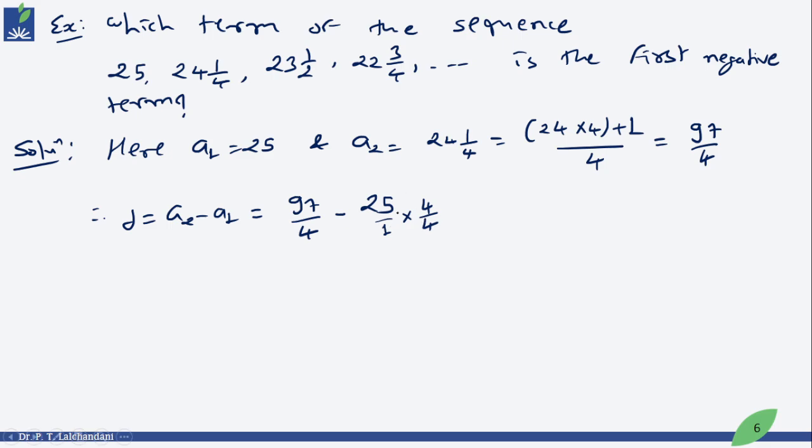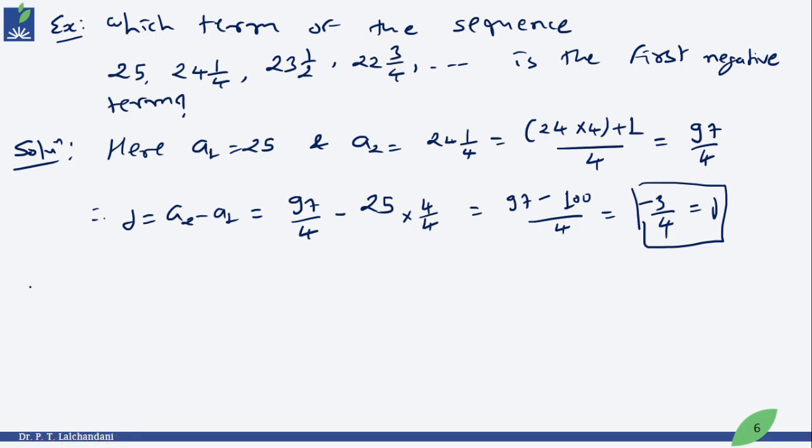So now the denominator of the second term becomes 4. So this is 97 divided by 4 minus 25 into 4 divided by 4. This is nothing but 97 minus 25 into 4, that is 100, divided by 4, and 97 minus 100 is minus 3 upon 4. So this is the value of our d. That means the consecutive difference between the second term and the first term is minus 3 by 4.